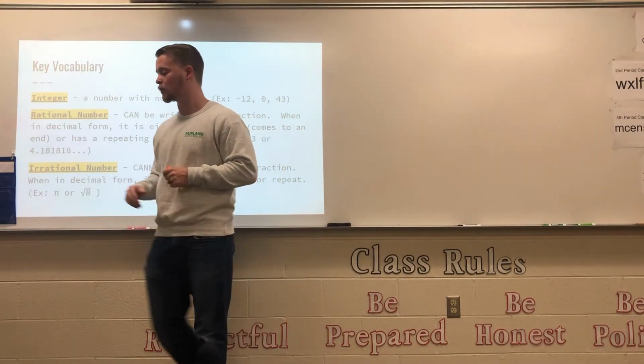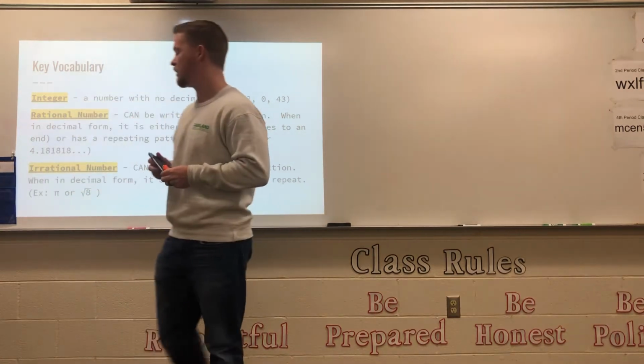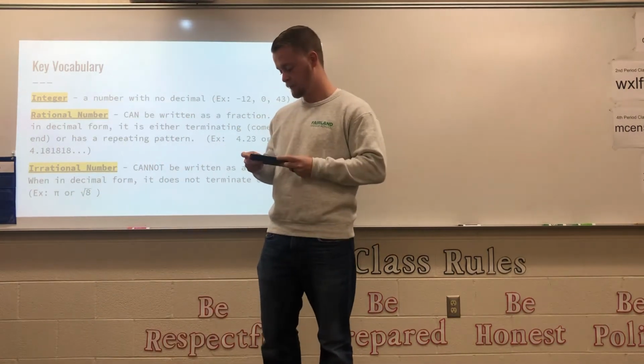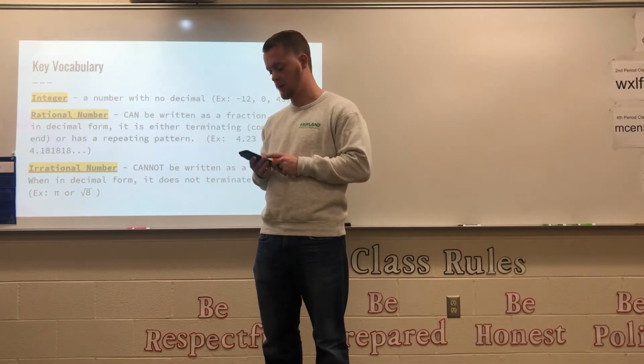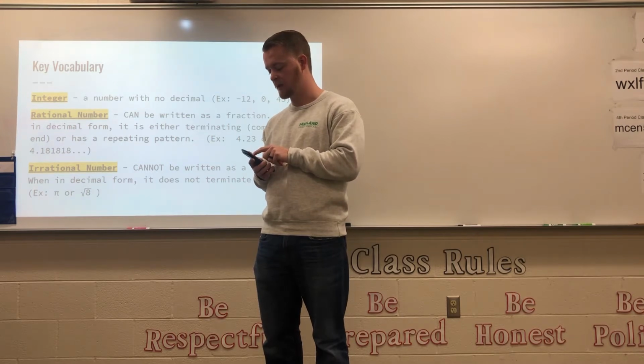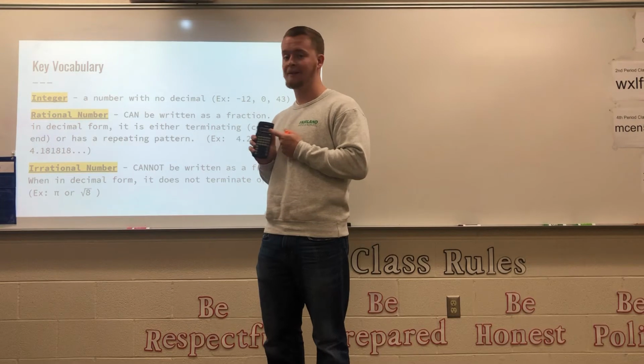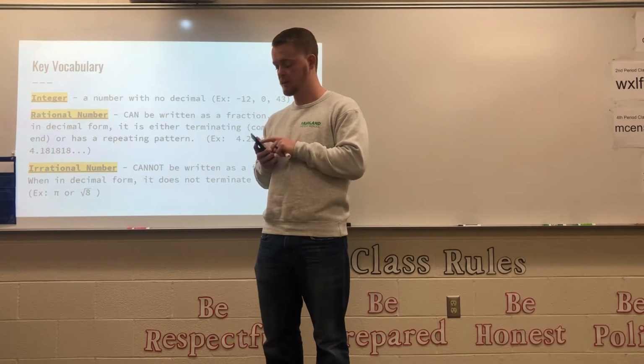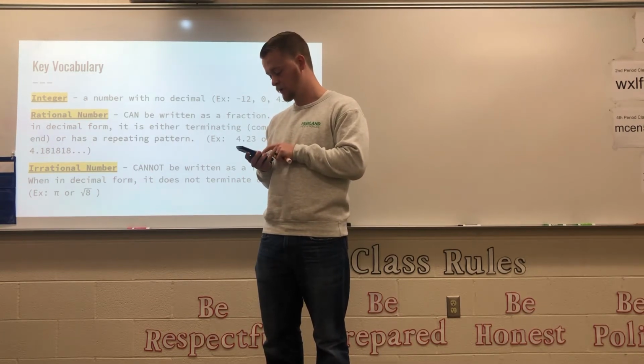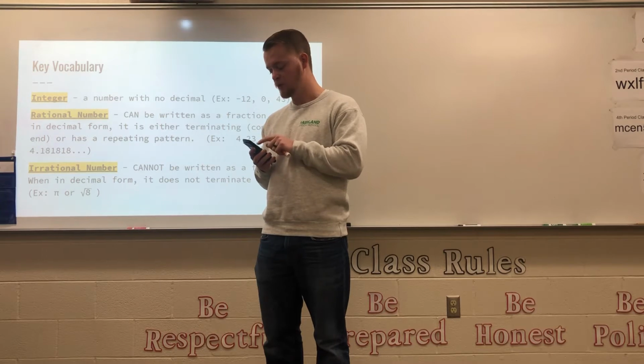If you plug pi and the square root of 8 into your calculator, let's just plug in both of them. When you click the pi button, it's 3.14159265 and it keeps going on. That doesn't have a pattern, and it doesn't stop, so it's irrational. Also, let's do the square root of 8. 2.8284272125.